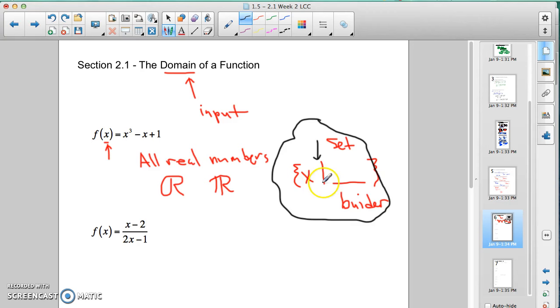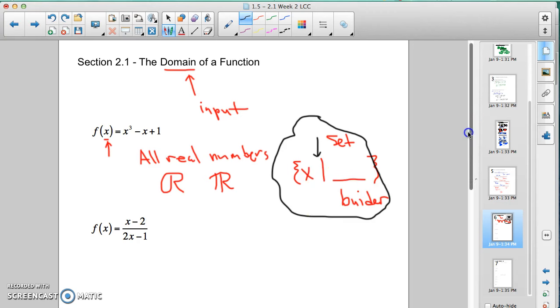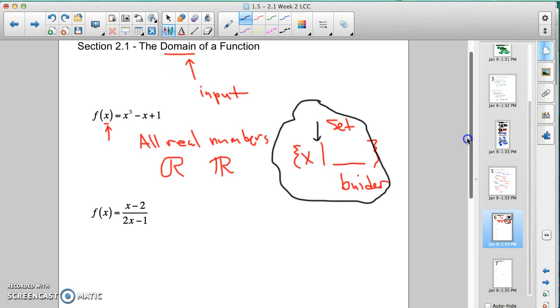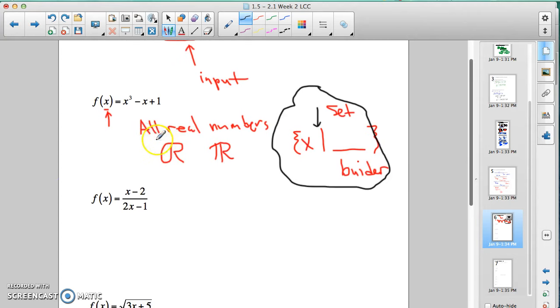So all x's such that something occurs. That's set builder notation. But the domain of a function is really just what values can we put in. So if you write all real numbers, or this script R or this one here, as long as you mean all real numbers, I can put anything in here, cube it, subtract it, and add 1 to it, and I should get a value.